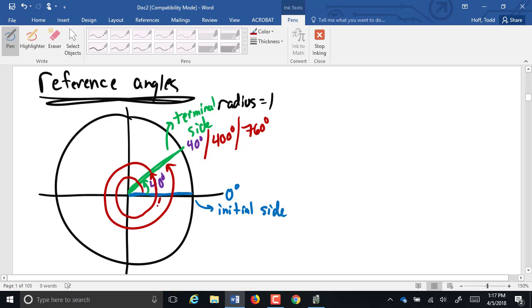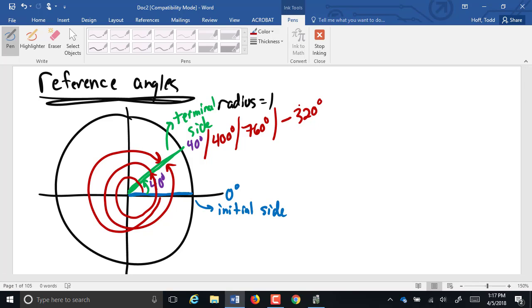Or we could have gone backwards and it could have been negative 320 degrees. Any of those angles would end up on that same green terminal side. Those are what we call coterminal angles.